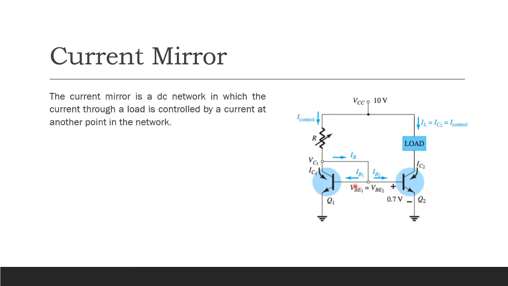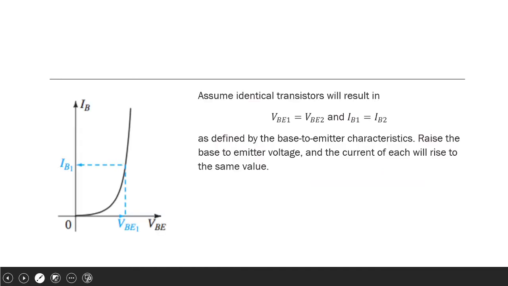So, kung parehas yung VBE mo dito tsaka VBE sa kabila, your voltage drop sa Q1 is equal to the voltage drop at Q2, at similar silang transistor, then your IB1 and IB2 is similar. Kasi kumbaga, isa lang yung characteristic curve nila. So, kung may VBE1 ka, equal yun sa VBE2, then yung IB1 mo is also equal to IB2. So, that is the assumption.